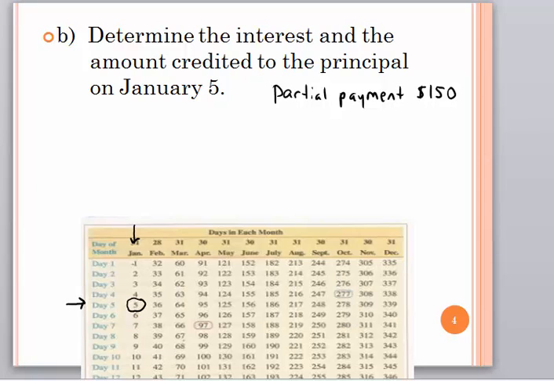And so what we want to know is how far into the loan are we at January 5th? So what do we know? In Part A, we determined that the time from November 1st to December 31st was 60 days.